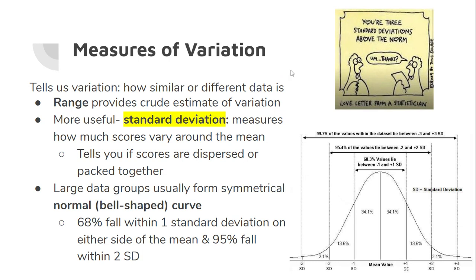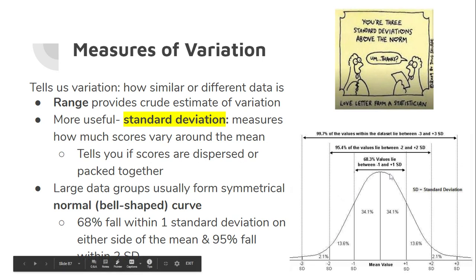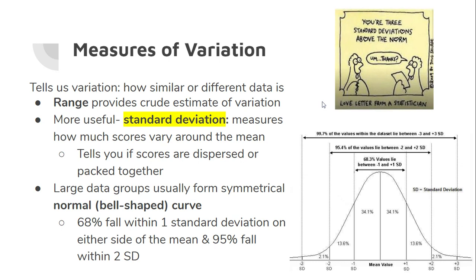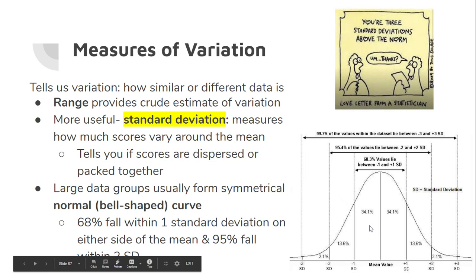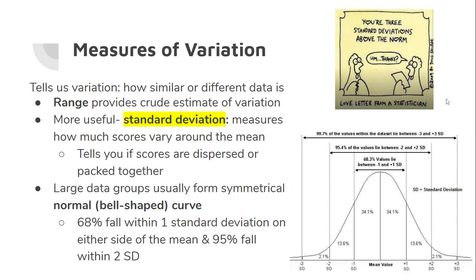So if we get this normal distribution curve to figure out the deviation, we are going to figure out that ultimately, on a normal distribution curve, which is to some extent what we're working with in psychology, especially on tests and intelligence tests, surveys, things like that, we are going to see that 68% of respondents or test takers are going to fall within one standard deviation of either side of the mean.